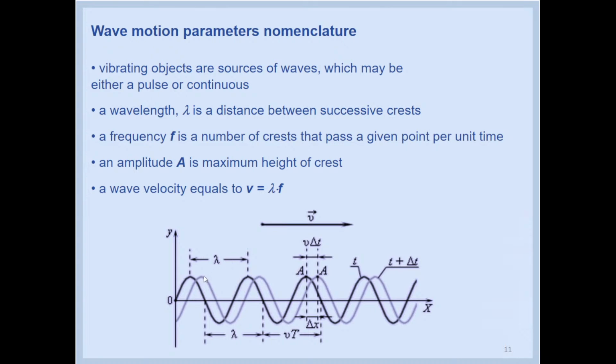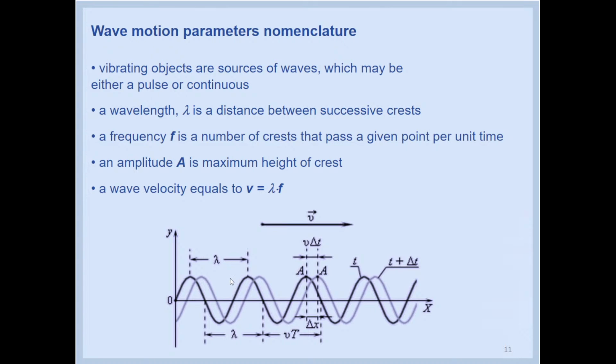What is this? This is the distance between the nearest particles that are at the same positions in this space. It is not obligatory that these should be the maximum deflecting particles. It might be any, but they should be at the same positions.